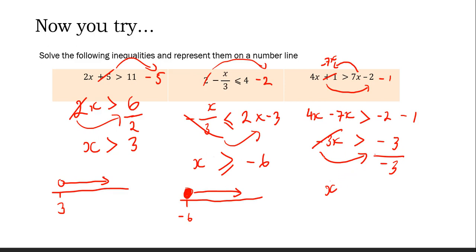So remember, I've divided here by a negative number, so that symbol must get swapped to this one. Negative 3 divided by negative 3 gives you 1. So x is greater than 1. Okay, and there is my number line inequality for it.